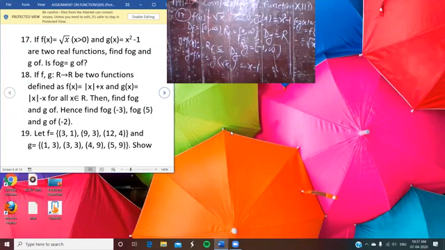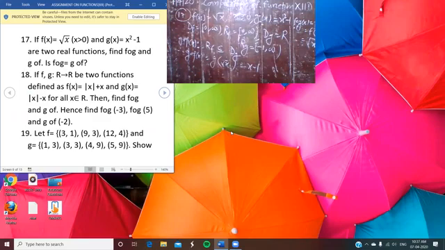But that type of question is not asked in your board examination, it is only to learn, knowing such type of fact, we have to solve this question. Now question number 17 is done, now 18.